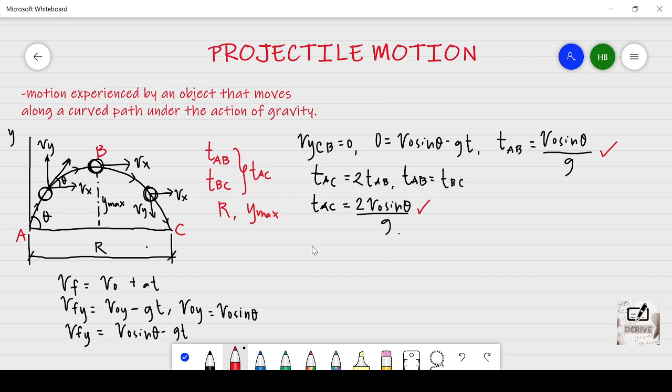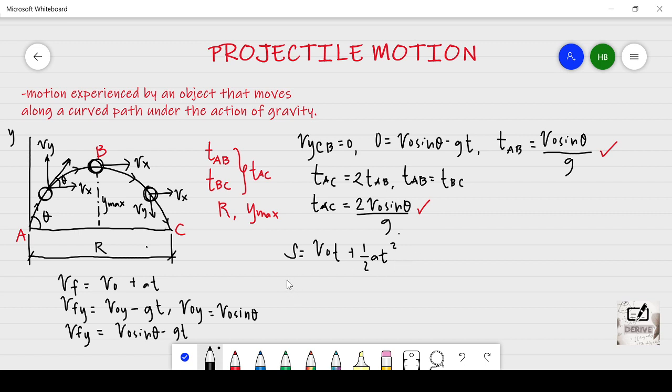We're going to use the straight line motion formulas again, and we are going to convert it to vertical distance for projectile motion. Okay, S is equal to VOT plus 1/2 AT squared.